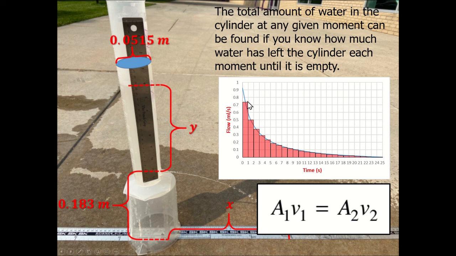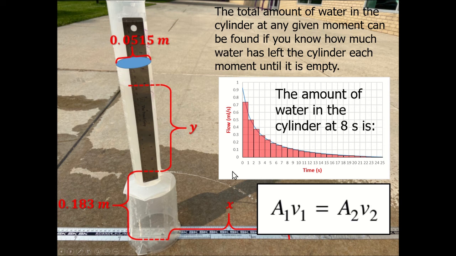Knowing how much water is flowing out for this period of time and for this period of time, all the way until it's empty, I can keep track of how much water has left the cylinder, so I would know how much water was in the cylinder at any time. If I want to know the amount of water at 8 seconds, I would just figure out how much water has left from 8 seconds to when it's empty.